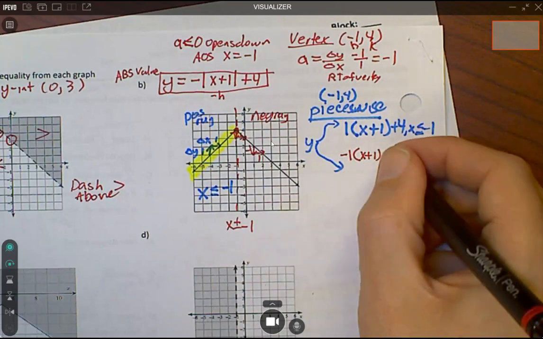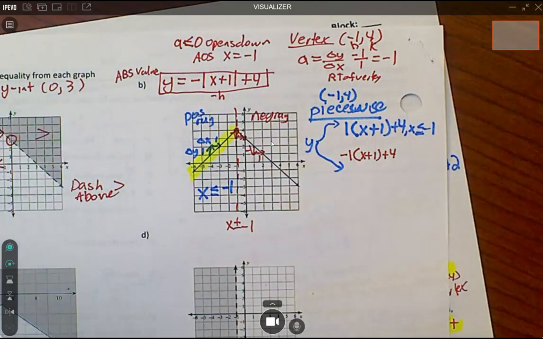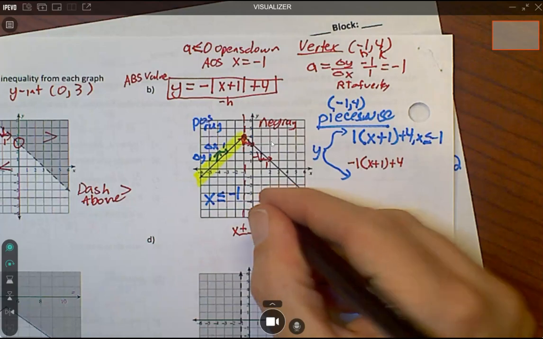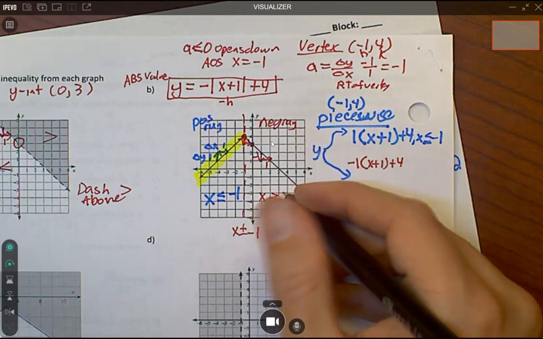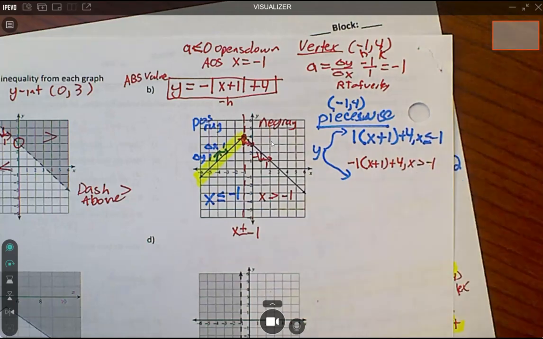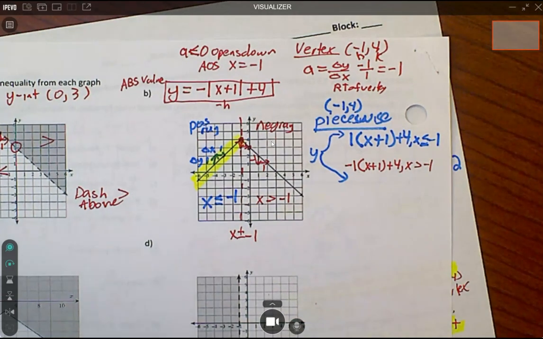That stays the same, except now we only use that piece when the x's are greater than -1. That's advanced level stuff. That's how you break it up into the piecewise. Anytime I can go over piecewise, I will. I won't do it on the next one.